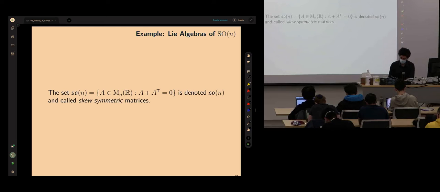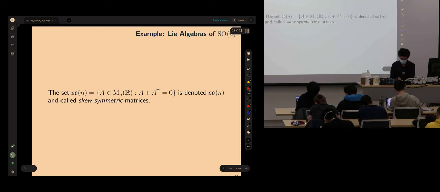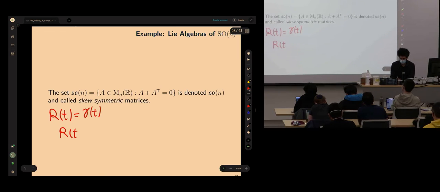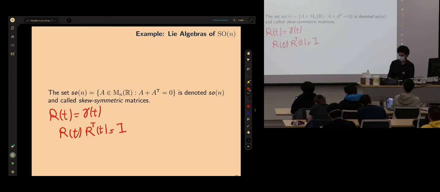What about SO(n)? Let's define something more familiar, maybe. This is my path. I know that rotation times rotation transpose must be the identity matrix.